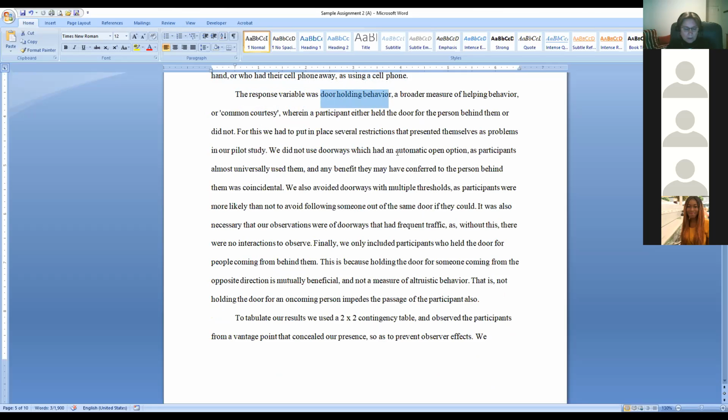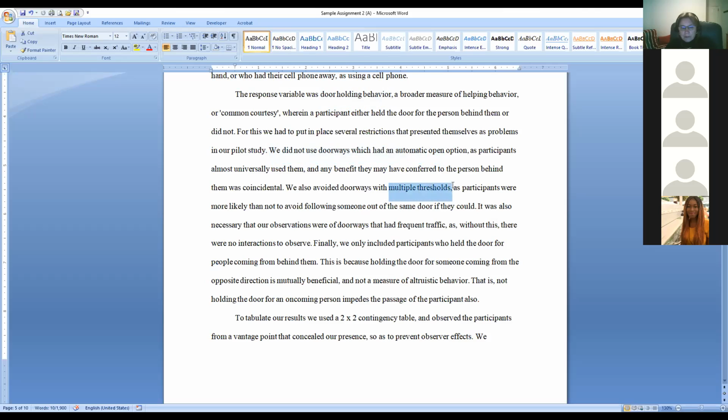So again, going back to some of your wearing masks observations, you have to say that it's not just wearing masks, but it's wearing a mask correctly. And you have to describe what you mean by correctly. So they also told us that we did not use doorways with an automatic open option because then you're not holding the door to anybody.